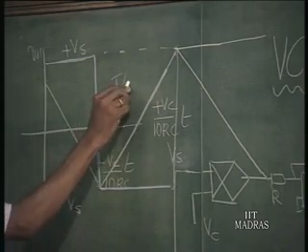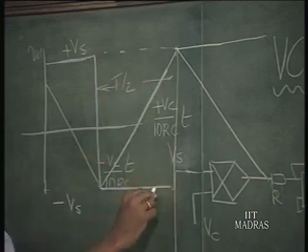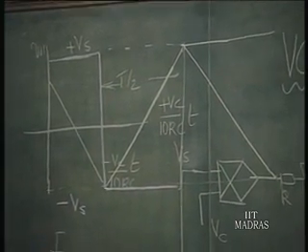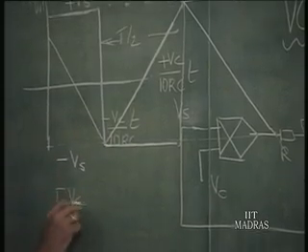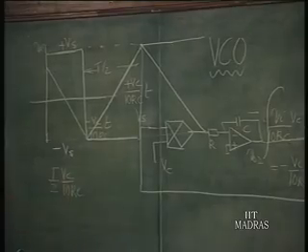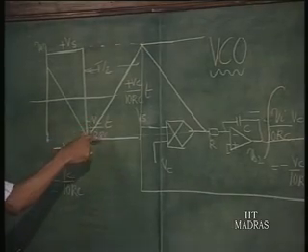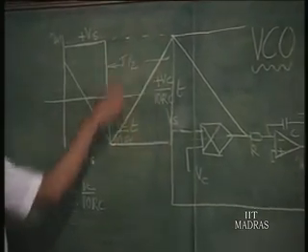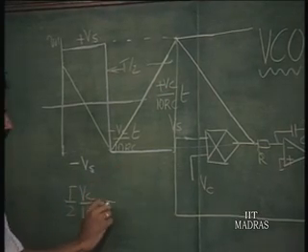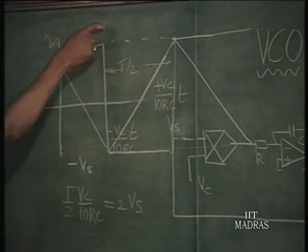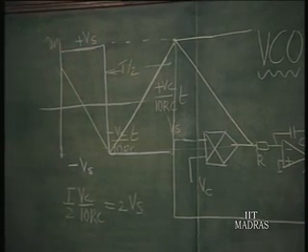This is T by 2 because this whole thing is T. So, T by 2 into Vc by 10 RC, this is the rate at which it goes, it acquires a voltage of twice Vs. It goes from minus Vs to plus Vs.